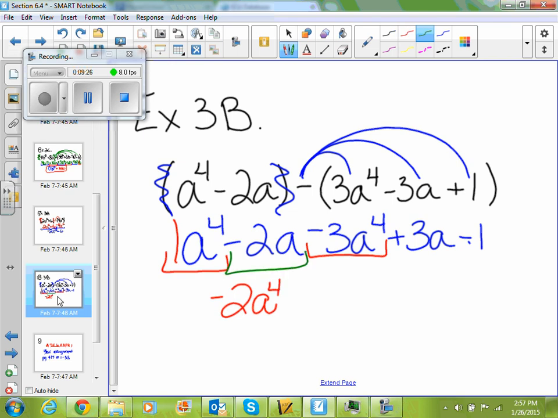What can I combine with that minus 2a? That 3a. So negative 2 plus 3 is 1, so 1a. And what can I combine with this minus 1? Just put it at the end, so nothing. So negative 2a to the 4th plus 1a minus 1.